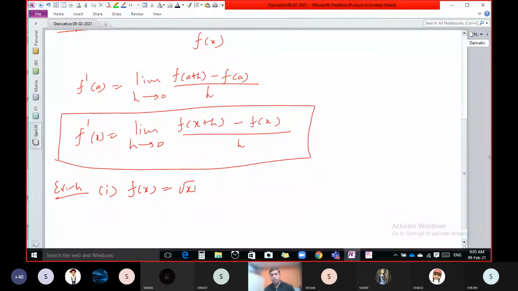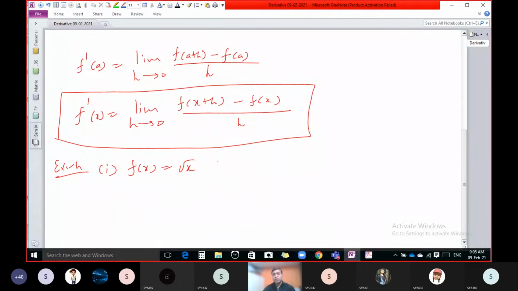Now see, we know that root x is also written as x raised to 1 by 2. Now use the result: the derivative of x raised to n is n into x raised to n minus 1. So what we get here is 1 upon 2 into x raised to 1 upon 2 minus 1. What do we get from 1 upon 2 minus 1?